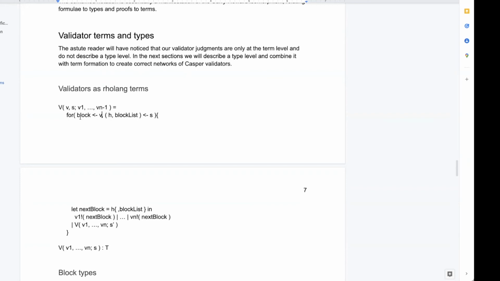So it picks up any block that has been sent its way. It goes and grabs its state, which tells it what height it's at. So this is a memoized version of the height, and the blocks that it has received in the past. And then it produces a new block, which is going to be the height plus 1, together with the block list as justifications, right?